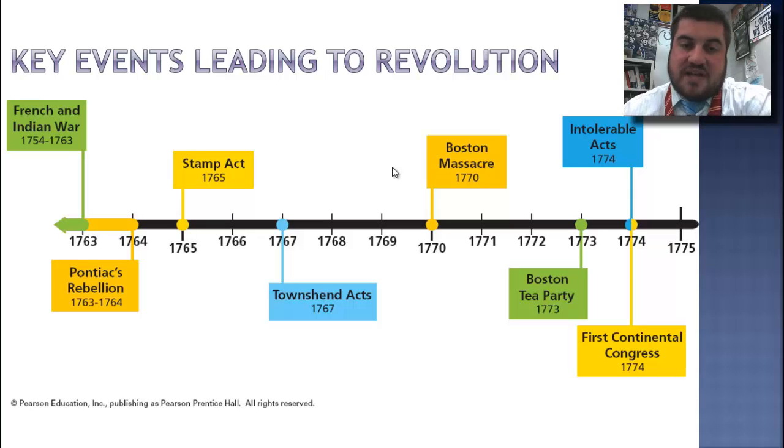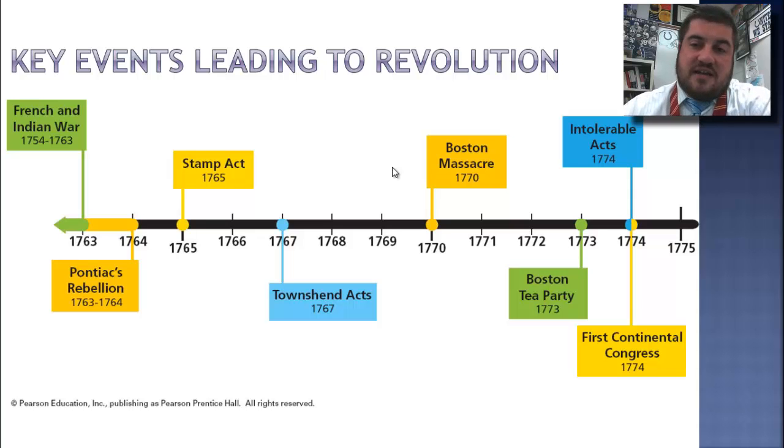Here's more key events. We talk about this Stamp Act, Townshend Acts. Boston Massacre is in there, where 4 people are killed. 4 people is not a massacre, but it's the principle of the thing. The colonists were throwing rocks at the British soldiers, and the British soldiers fired into the crowd, killing 4.